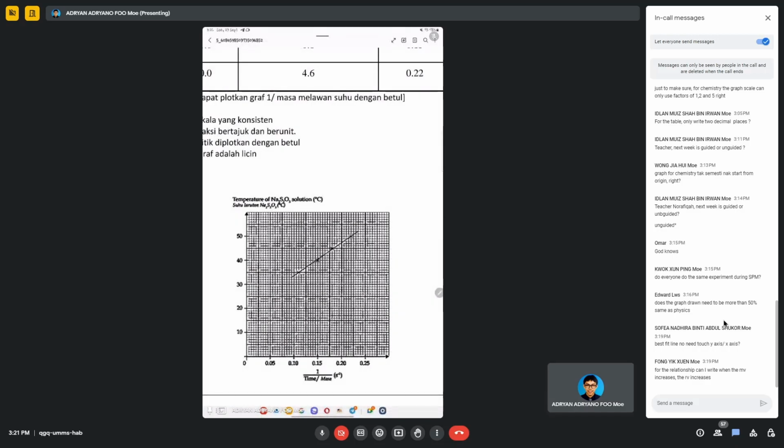Boleh, or the higher the temperature of the sodium thiosulfate solution, the higher the rate of reaction between sodium thiosulfate solution and the acid apa ni? Sulfuric acid. Temperature tu you kena state lah, temperature of what substance. Tak boleh temperature saja.